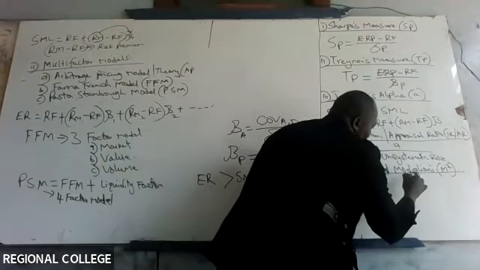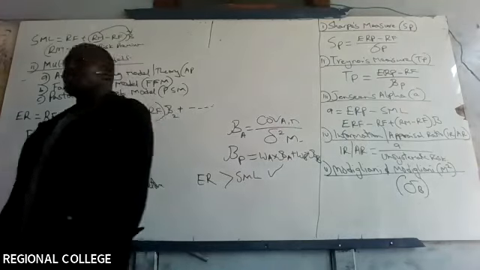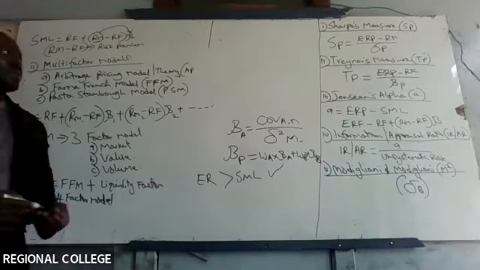So benchmark portfolio, brackets standard deviation of B. That is the standard deviation of the benchmark portfolio.